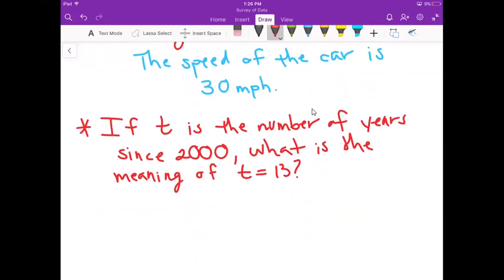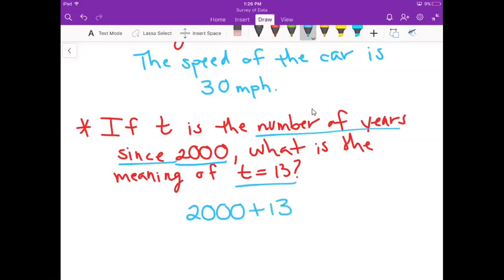So think about that for a second. Now, if T is 13 and T is the number of years since 2000, what is the meaning of T equal to 13? So here now we're not just going back and kind of reiterating the question, we've got to do a little bit of math here. If we want the number of years since 2000 to be 13 years since 2000, then we need to take that starting year, add T to it, because that's the number of years since the starting year, to get 2013.